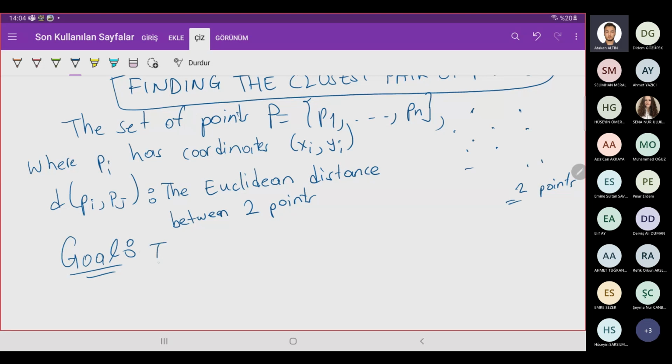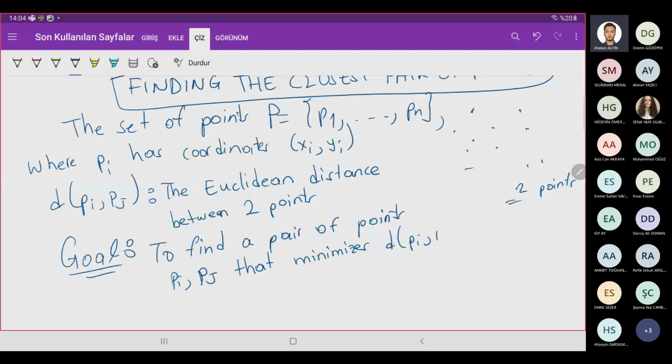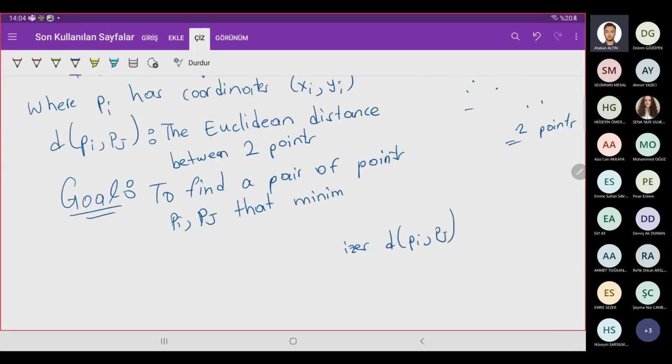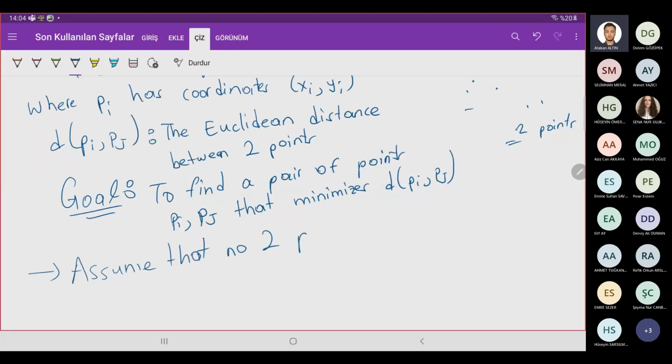The goal is to find a pair of points Pi, Pj that minimizes d(Pi, Pj). Assume that no 2 points have the same x coordinate or y coordinate.